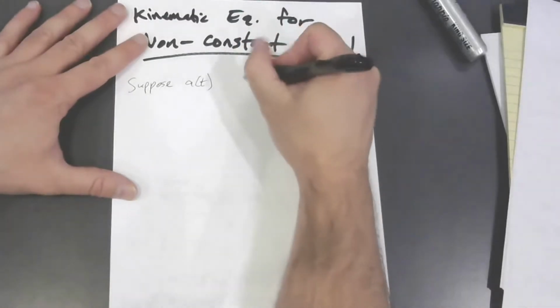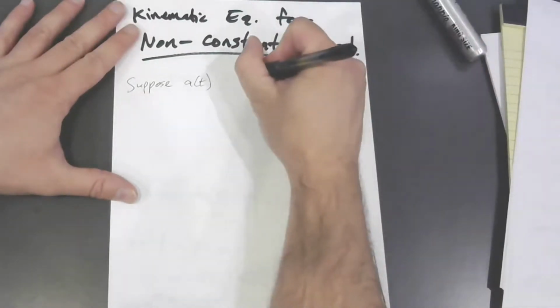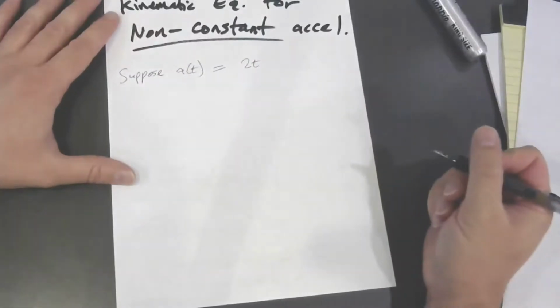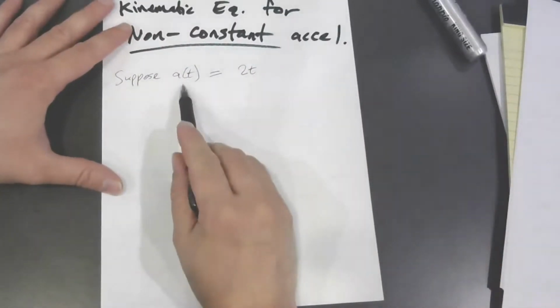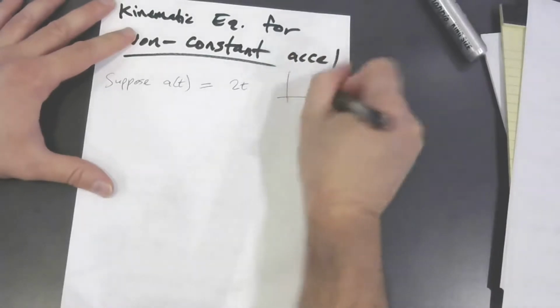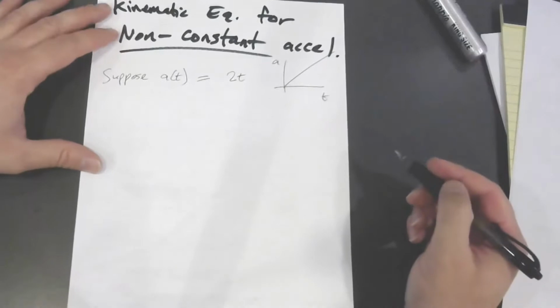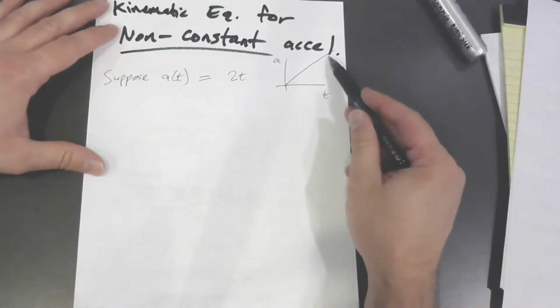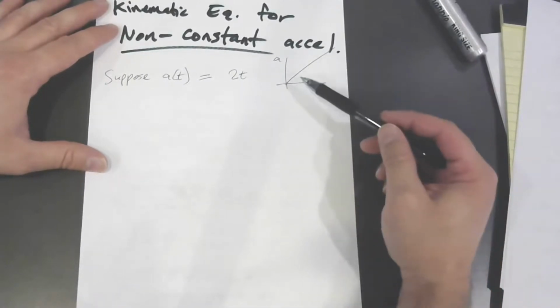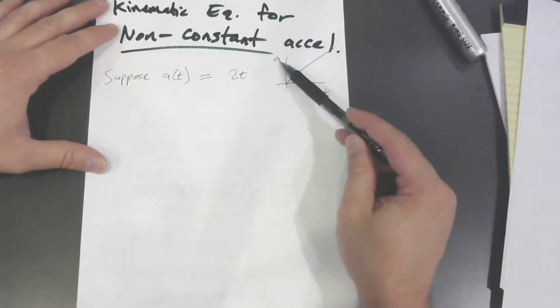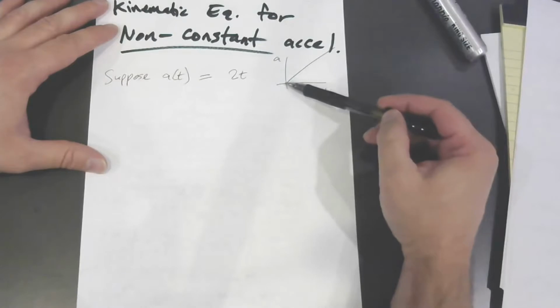So maybe your acceleration looks something like, how about it's just 2t, 2t to the first power. That's a linear dependence, right? If you were to graph the acceleration versus time, it would just be a straight line with a slope of 2. So this is not a v versus t graph with constant slope. This is an acceleration versus t graph.